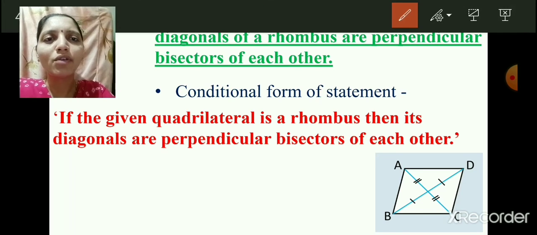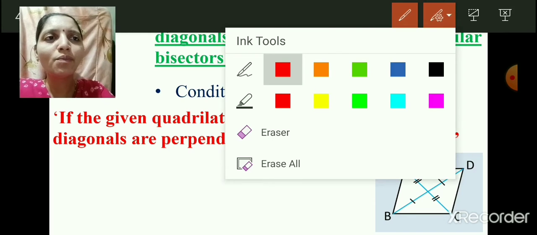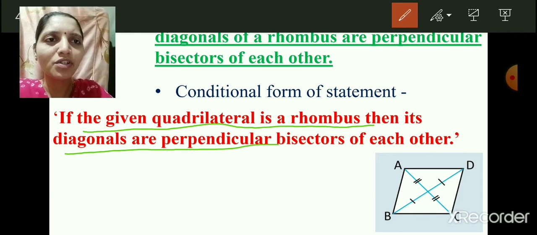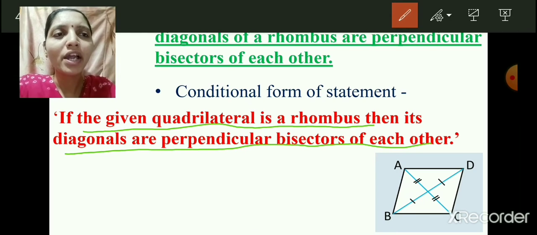So what we have to do? We have to see the part of the statement which is following if and the part of the statement which is following then. So these are the two parts and we have to interchange these two parts. So how can we write here? The then part we have to write as the first part.